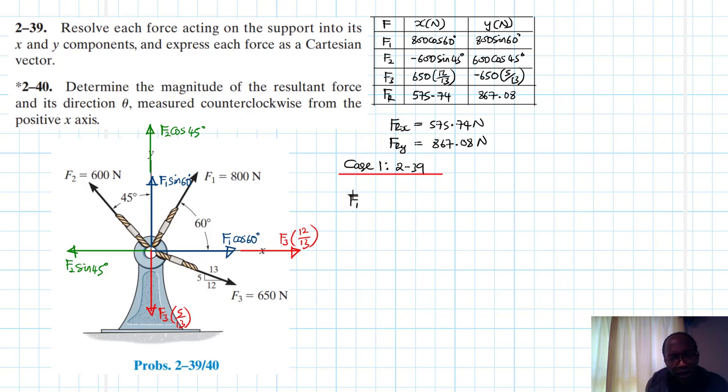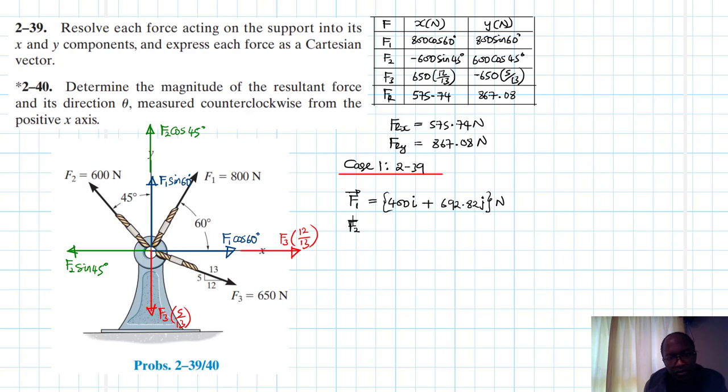Writing F1 in Cartesian form, we have 800 cos 60, which gives us 400 i positive, plus 800 sine 60, which is equal to 692.82 j. The units are newtons.